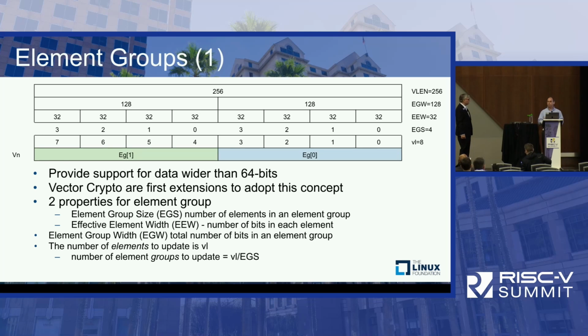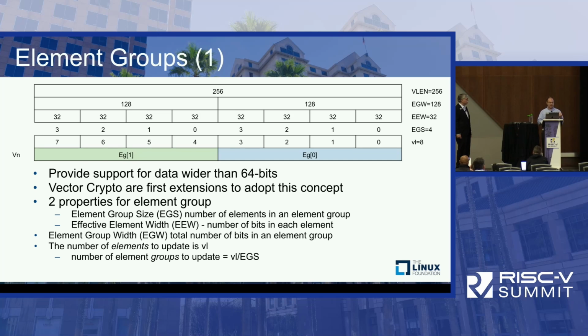In the future, other groups may be using that for things like matrix multiplication and complex arithmetic. There are two main properties of an element group. One is the element group size, which is the number of elements in an element group, and the other is effective element width. That's the width of each element within an element group.